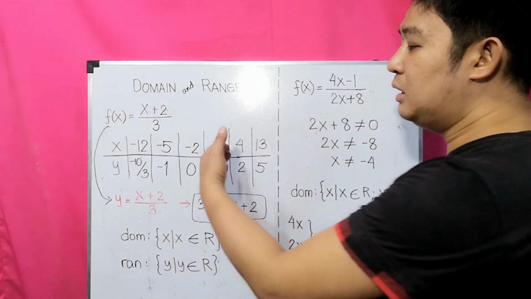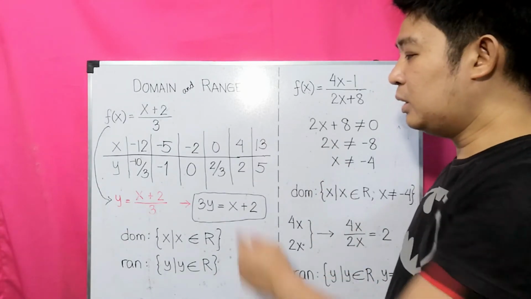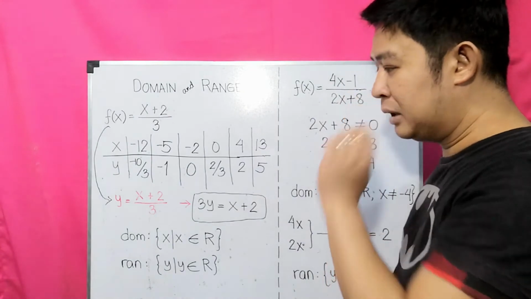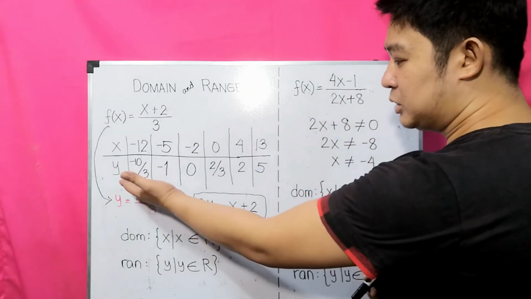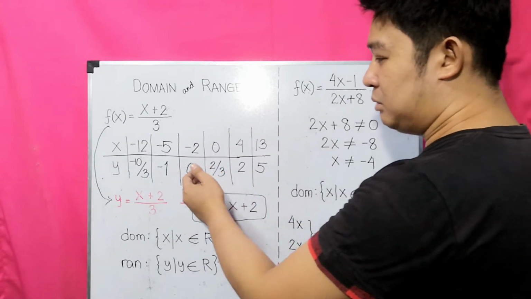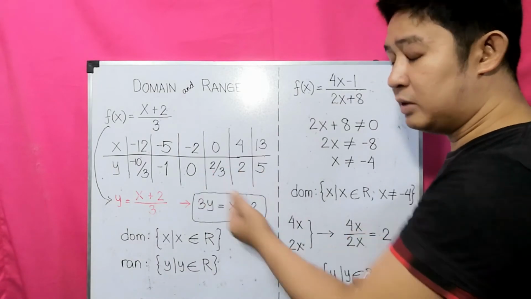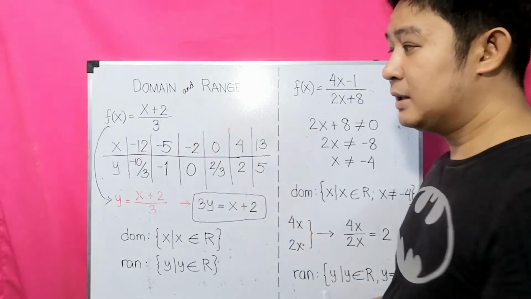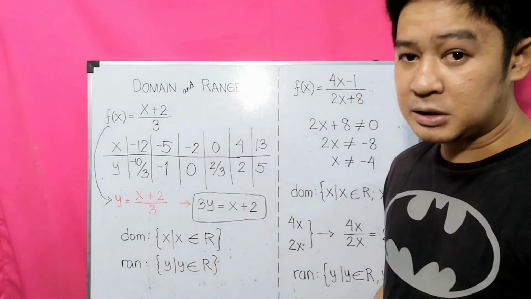It can be any negative number or any positive number or even 0. And the range is the set of all possible values for y, or our f of x. It can be a negative value, or positive, or even 0. So there is no restriction for this function, no restriction for the domain and for the range.